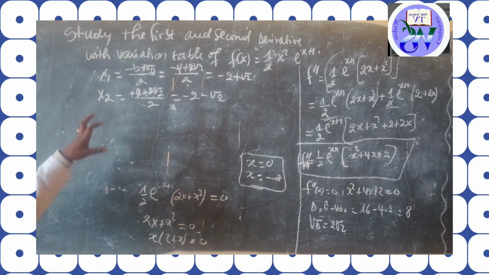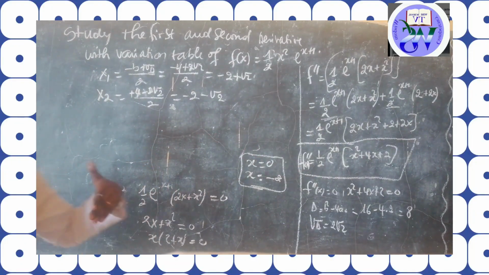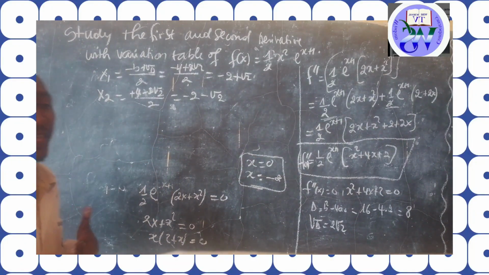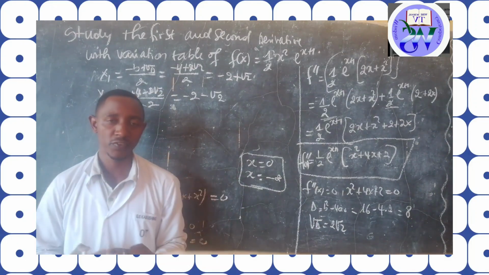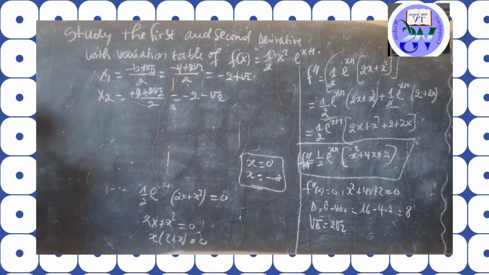So the first derivative we get it, the second derivative we get it. So the table of variation is the table which contains f, the first derivative, the second derivative, and so on. So then here there is x.